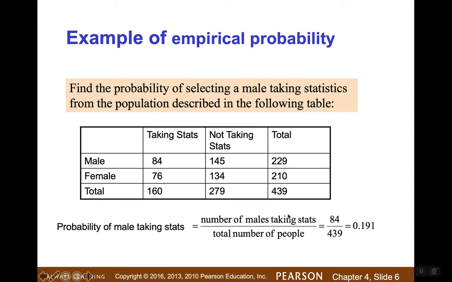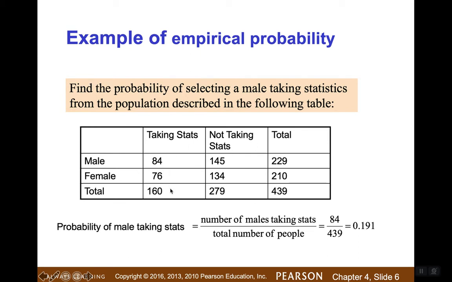In this case, we have a total population of 439 students, some of which are male, some of which are female. The total number of male students is 229, female is 210. Another characteristic is either taking stats or not taking stats.